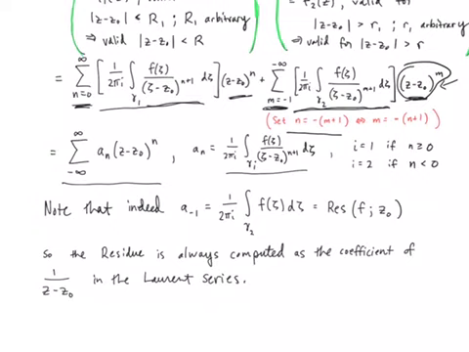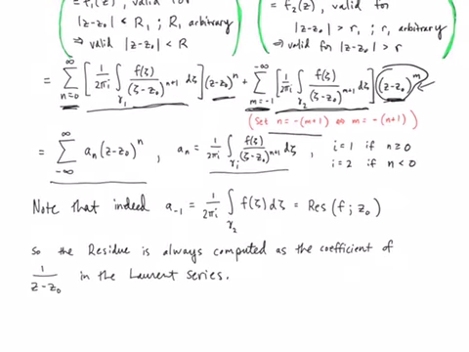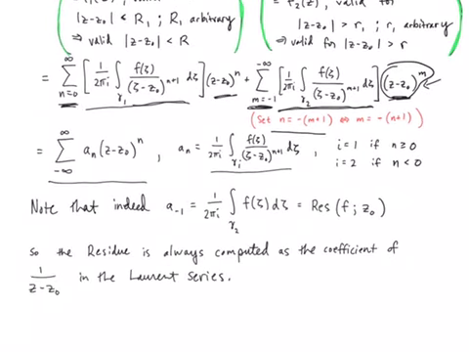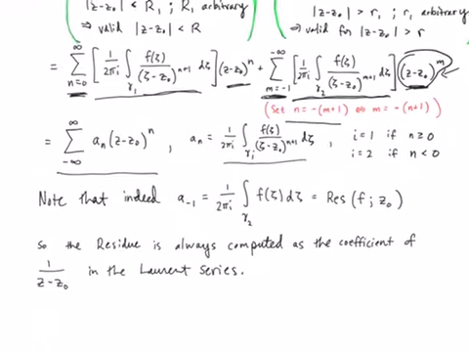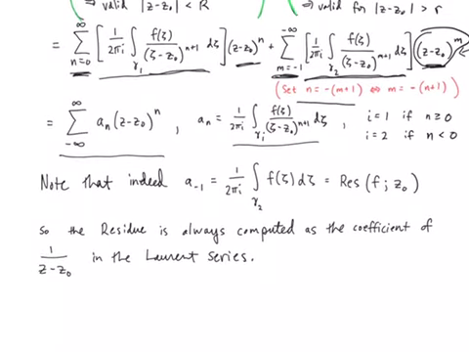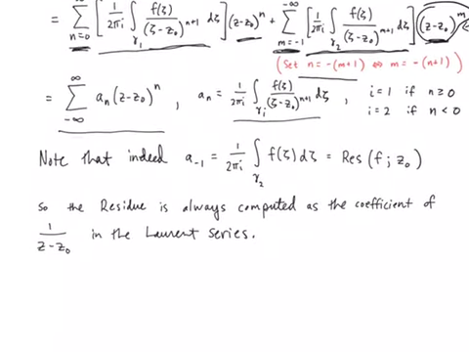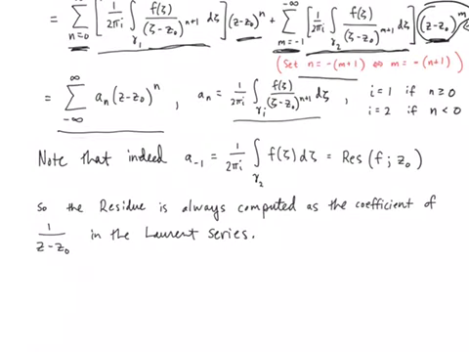Well, that gamma 2 is just a circle of small radius around z naught, and so this is exactly the definition of the residue of our function f at z naught. So we see that the residue of our function at our singular point is indeed the coefficient of 1 over z minus z naught in the Laurent series.